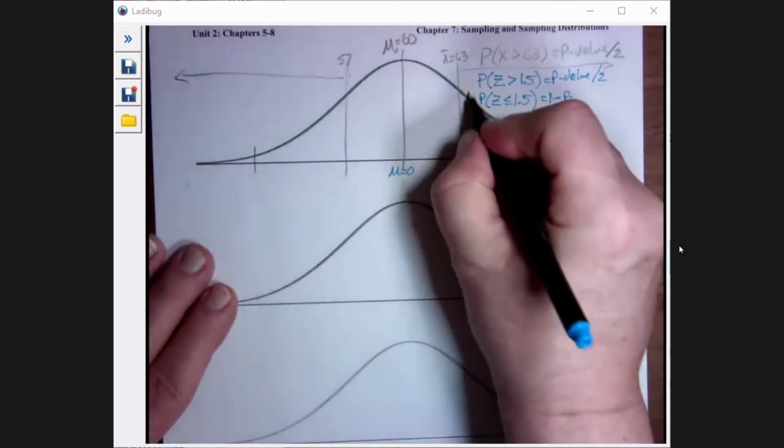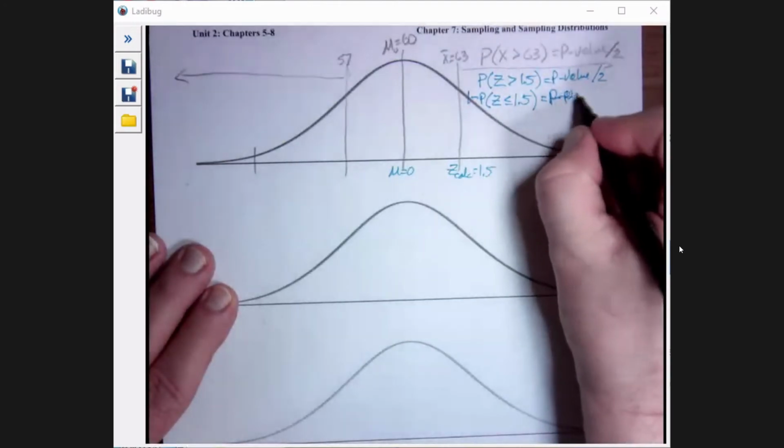That's why it's 1 minus that equals the p-value over 2.